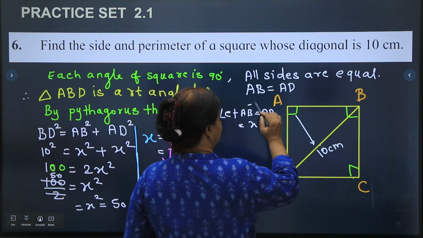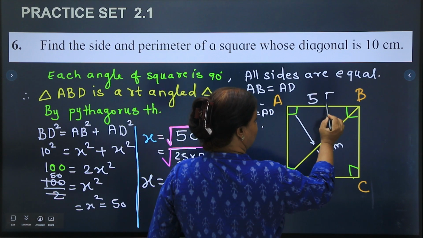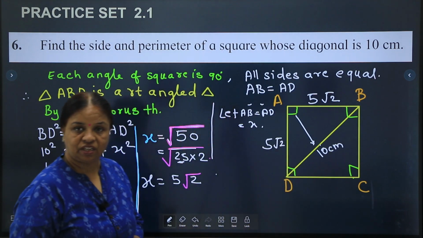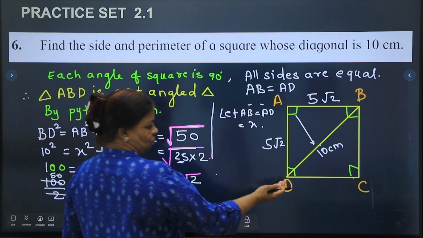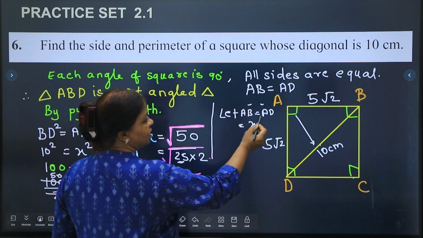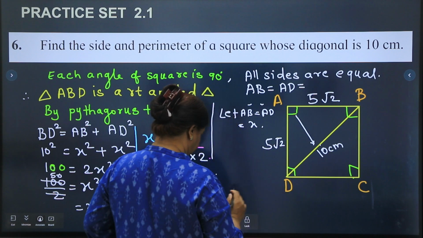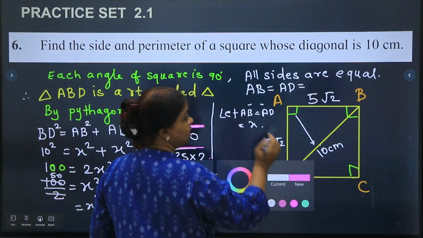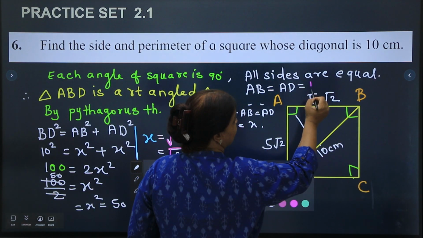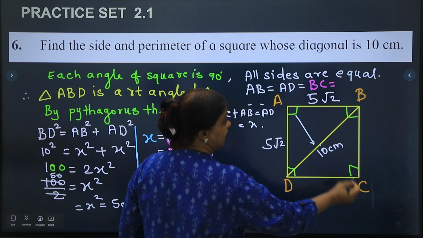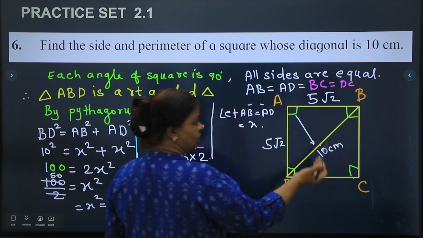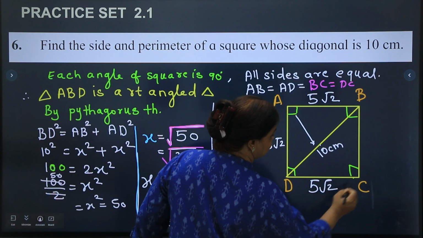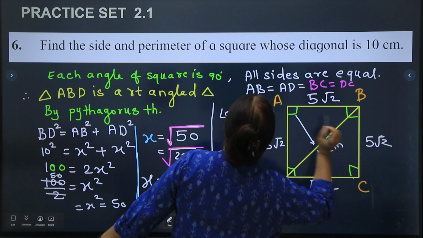X means AB, AD, 5 root 2. So this is also 5 root 2. Each side we got equal to 5 root 2. So even AB is equal to AD is equal to BC equal to DC, means all sides are equal in a square. So 5 root 2, 5 root 2.